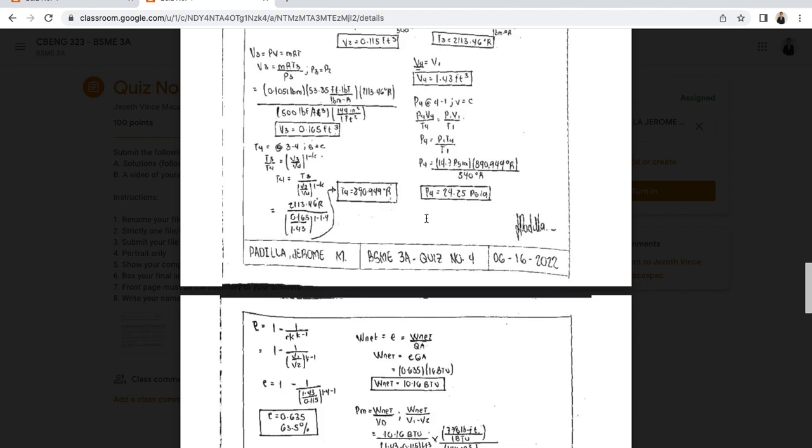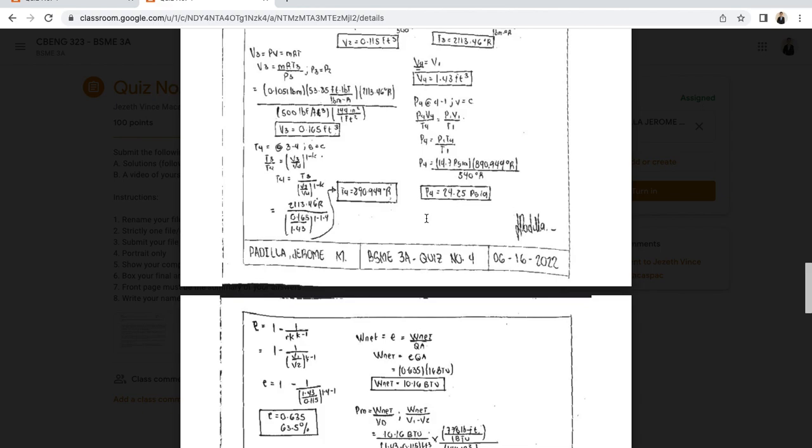For the V3, yung gagamitin is PV equals mRT, which is dahil kukunin natin yung V3, yung gagamitin is m R T3 over P3, or the mass, which is 0.1051 pound mass, and the R 53.35 feet pound force over pound mass Rankine, multiplied by 2,113.46 degrees Rankine, over the 500 pound force per square inch multiplied by 144 square inch over 1 square feet.